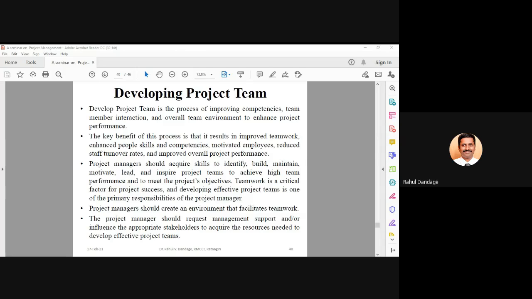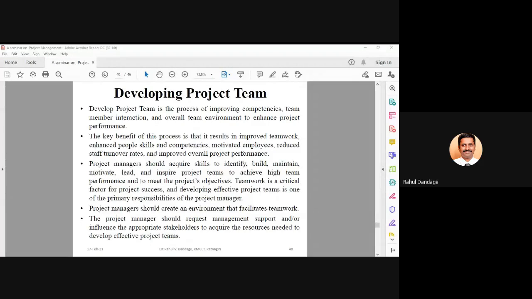So that's why everybody in your team should support each other. They should work in such a way that their work will be helpful for somebody else's work. At least if it is not helpful, it will not become any obstacle in other team members' work.